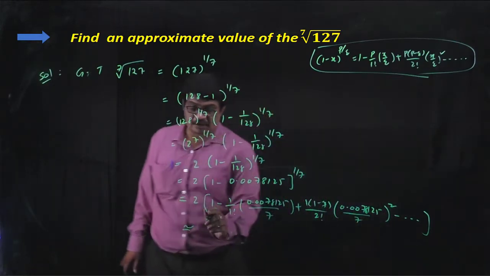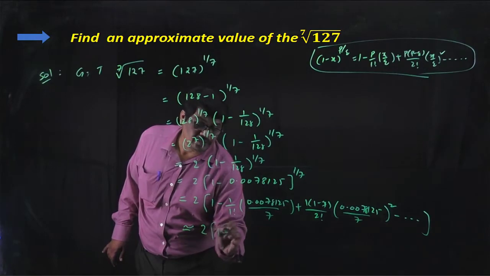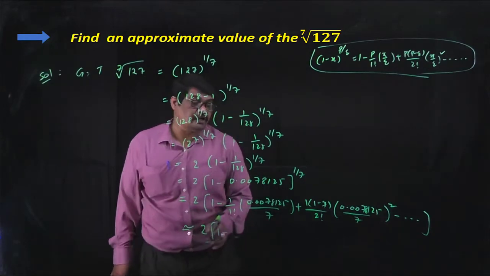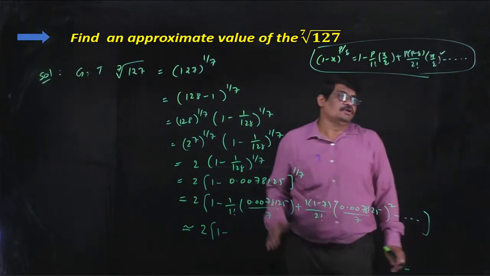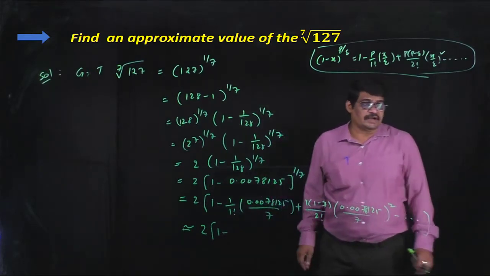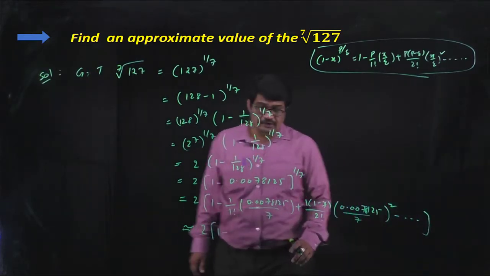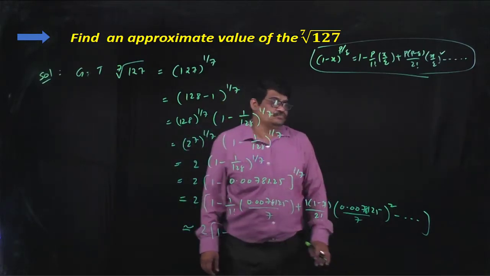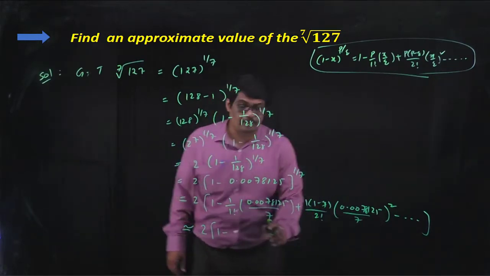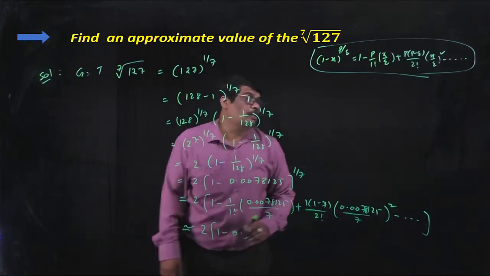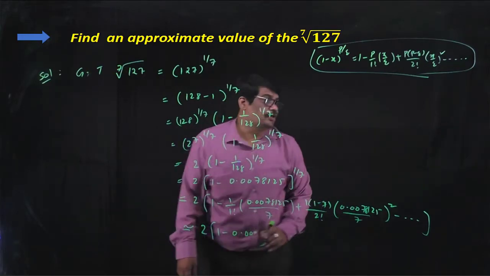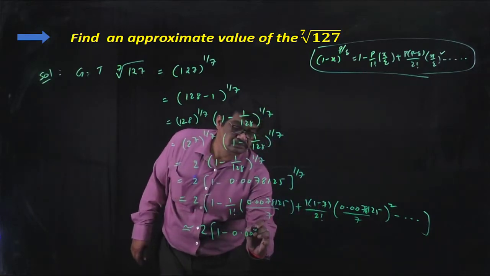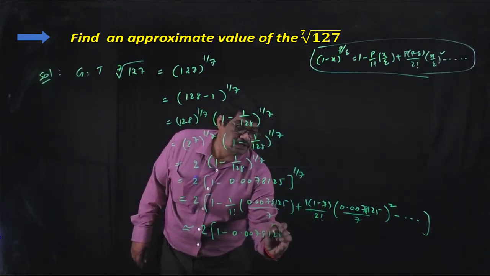We are getting the approximate value here: 2 into 1 minus 1 by 1 factorial into 0.0078125 by 7. Now we are dividing this one. We are getting the value 1 minus 0.000782125.